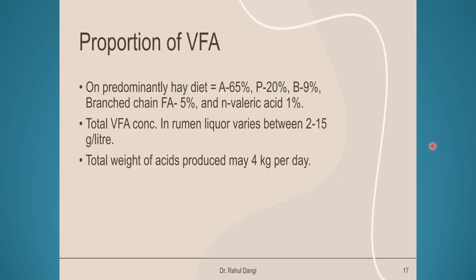The branched chain fatty acids are about 5%, and N-valeric acid is just 1%. Here you can see the diet is predominantly hay; if an animal is administered very good hay of this proportion, then the animal can digest it very well.